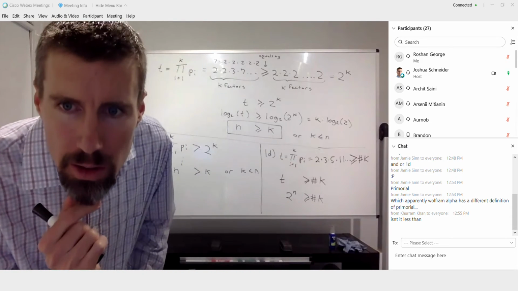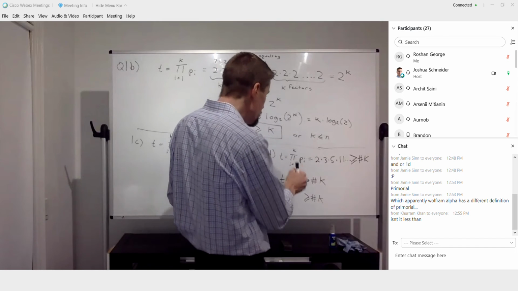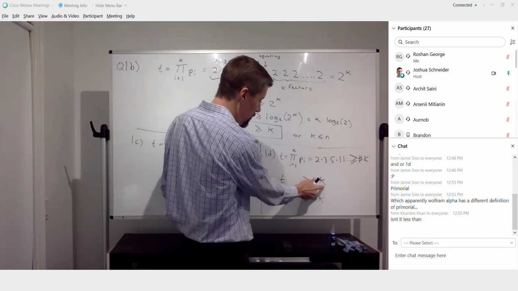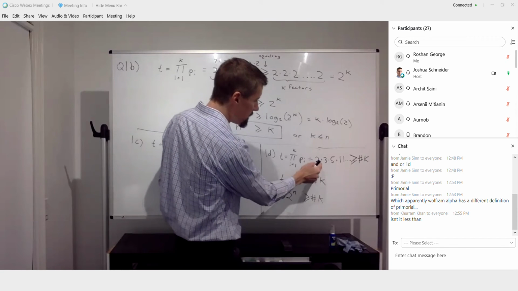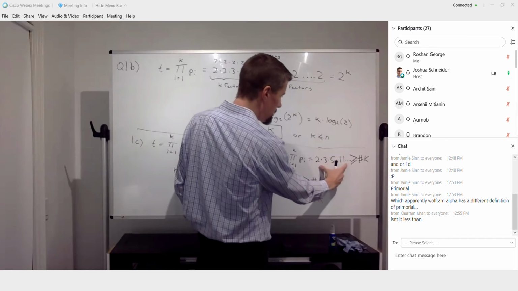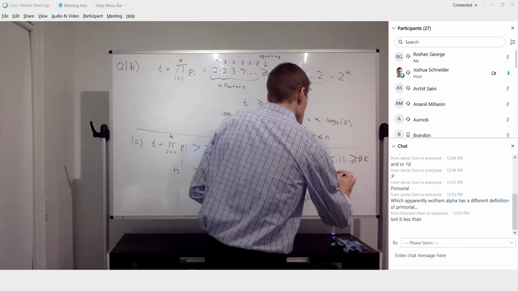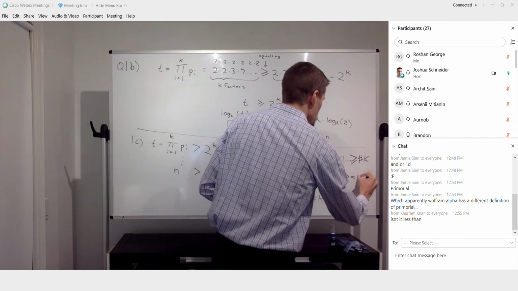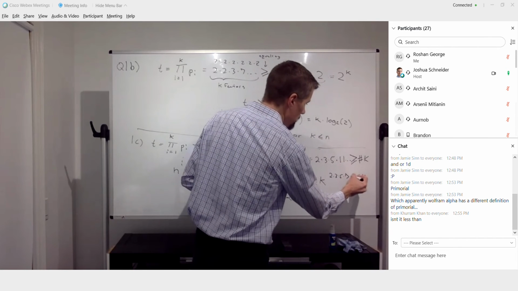So let's see. Curran is saying, isn't it less than? Nope, because the smallest t can be is actually the primorial of k. For example, if we had 2 times 3 times 5 times 7, that would be equal to the primorial of 4.